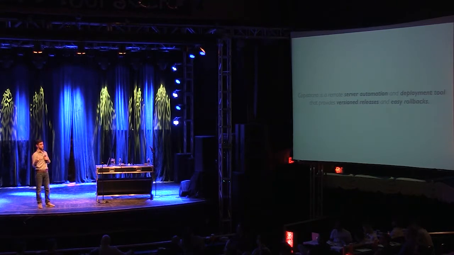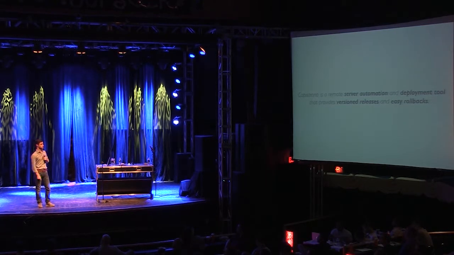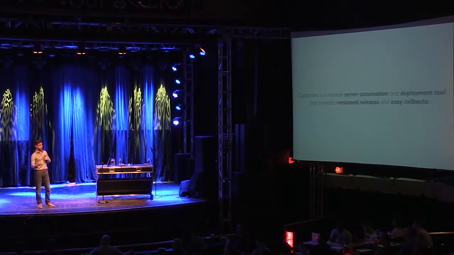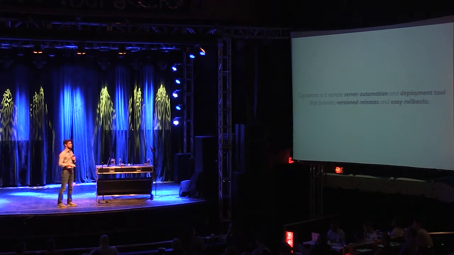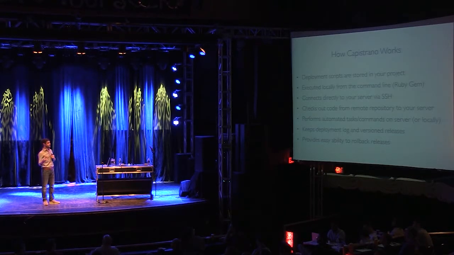It automates stuff, so it's not a manual process. Of course, it's deployment, so it's actually pushing or shipping that code to your environments. It keeps track of your deployments, so it has versioned releases of what you deploy, and it allows you to easily roll back if you need to. So, a little overview of Capistrano there. How does it actually work?